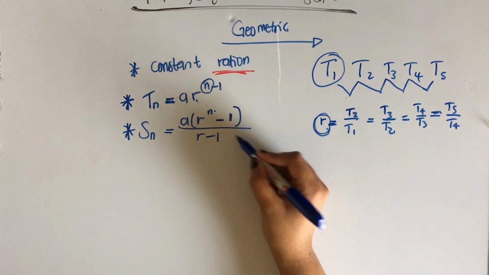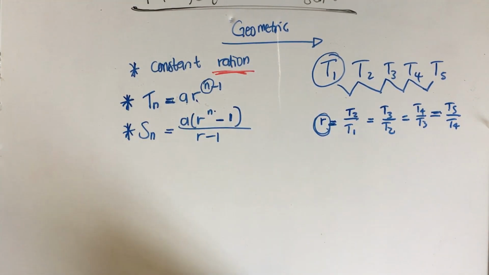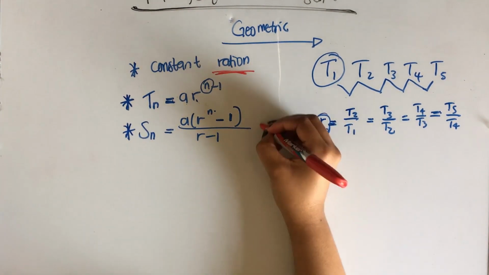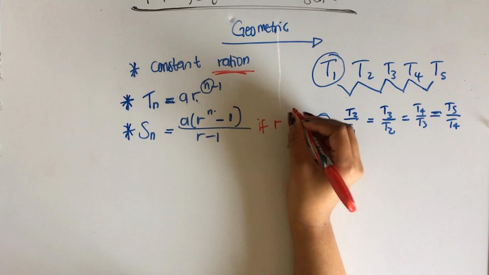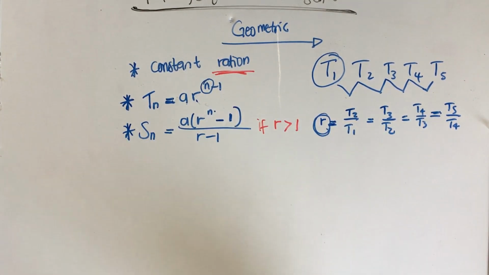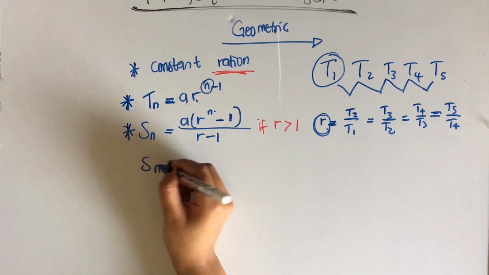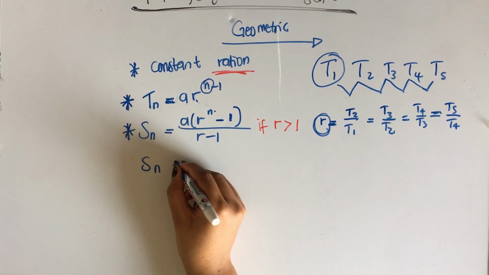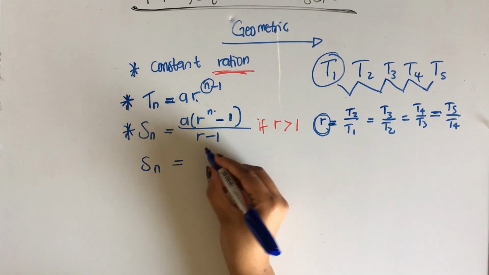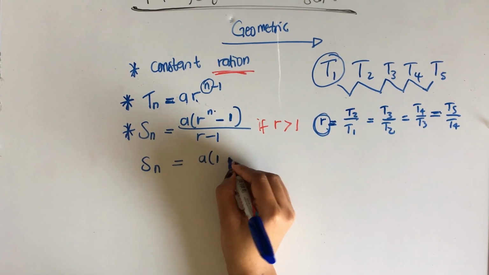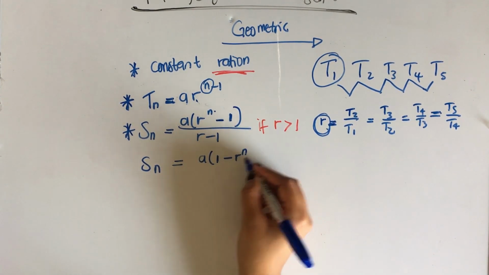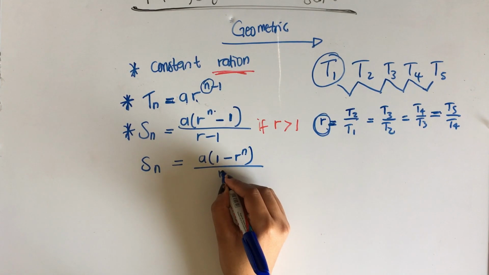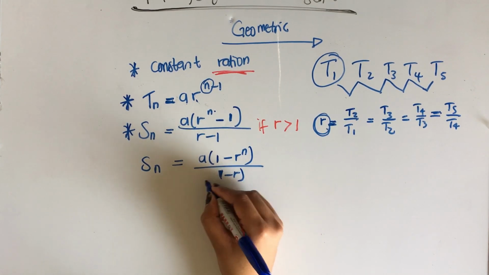Now we only use this one if and only if your r is greater than 1. Okay, so then there's a second one, which is as follows: a into 1 minus r to the power of n over 1 minus r.